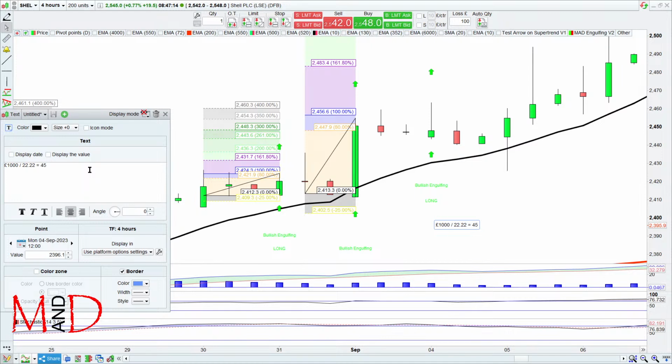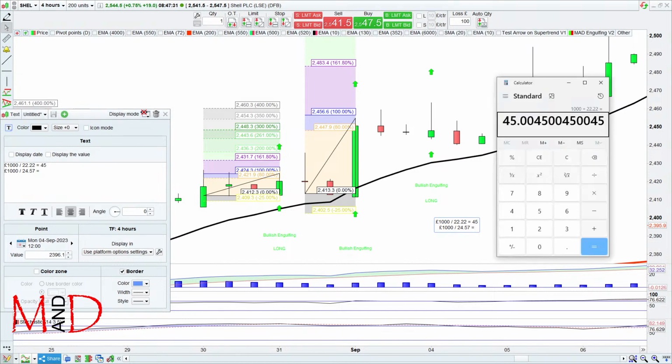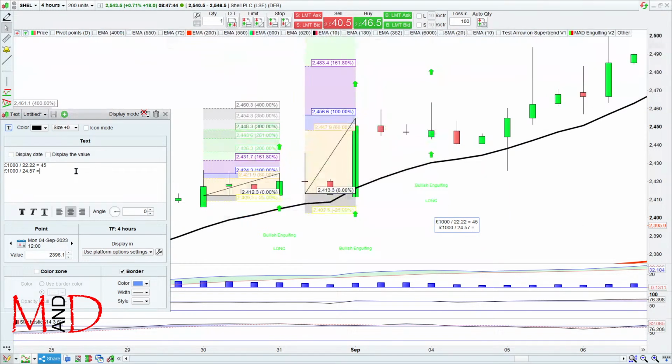So 1,000 divided by, so that's now £24, and let's call that 57p. Anyone do this in their head? If you could do it in your head, you're an absolute genius. So 1,000 divided by 24.57. Oh, that's only 40 shares.